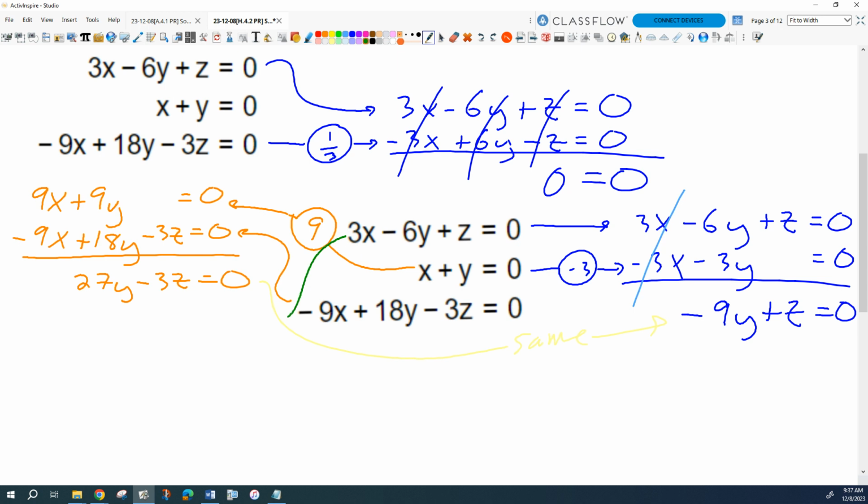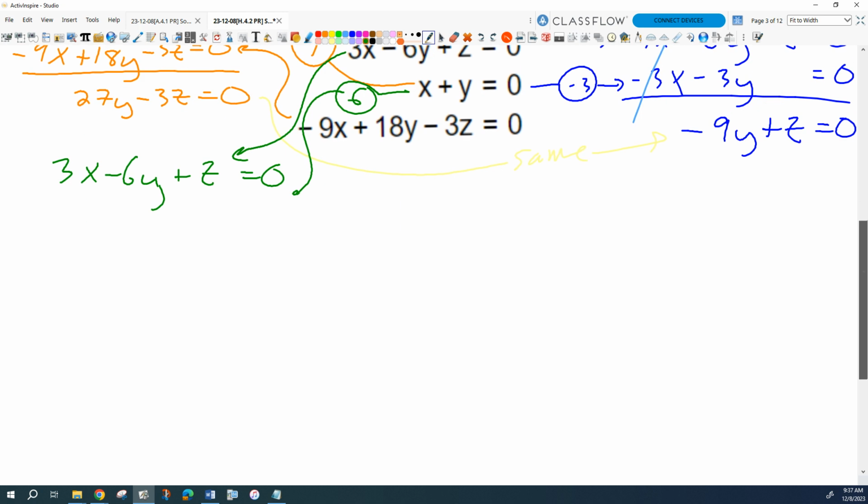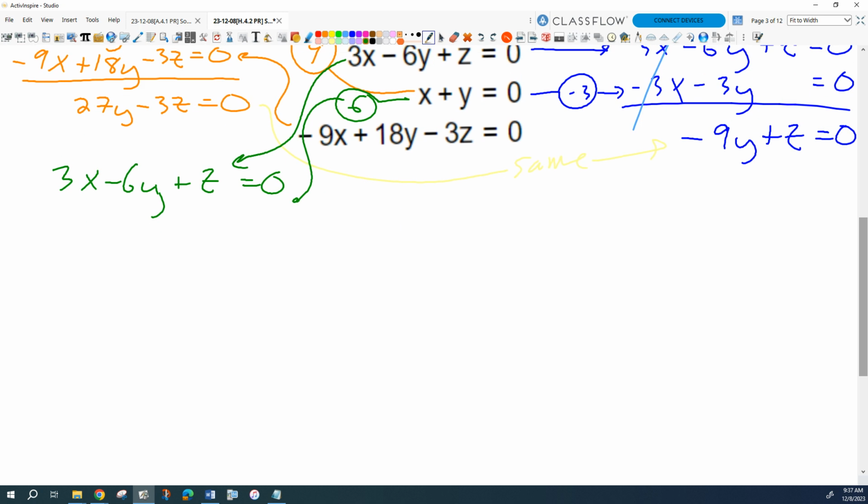Okay, so look what happens here then. We're going to leave this one the same, and we get 3x minus 6y plus z equals 0. And we'll multiply this guy by 6 and get 6x plus 6y equals 0.